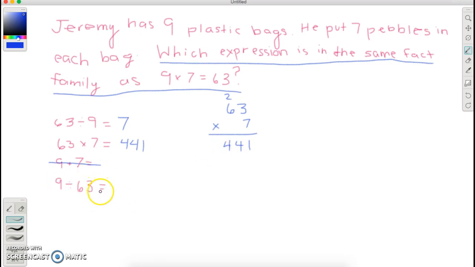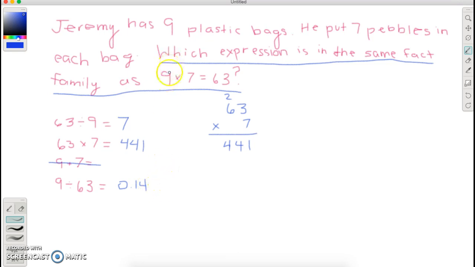9 divided by 63, this isn't really one you have to do by hand. You already know, because 63 is a much bigger number than 9, that this value is going to be less than 1. If you want to use your calculator to be exact, it's going to be 0.14, roughly. So fact families all have 3 same numbers.